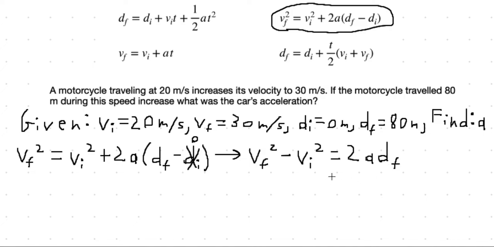Now I just want to solve for a, so I could just divide both sides by 2 df then. So I have an expression for a now, so now I can plug in the values for vf, vi, and df.